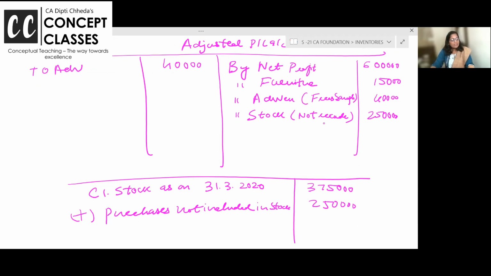Next, in March, 2 lakh goods were sold and delivered, but were taken in the sales of April. Oh, goods of 2 lakh sold in March, delivered also, but they were taken as sales in April.